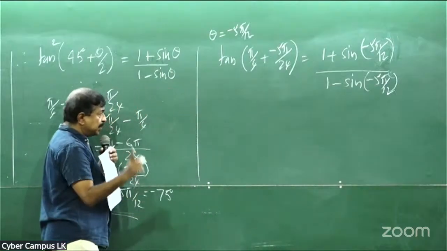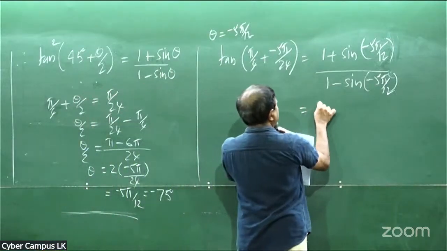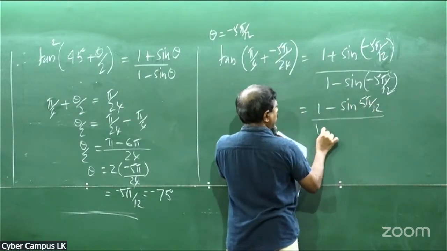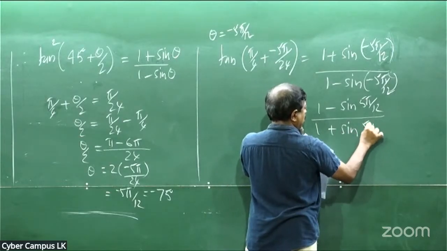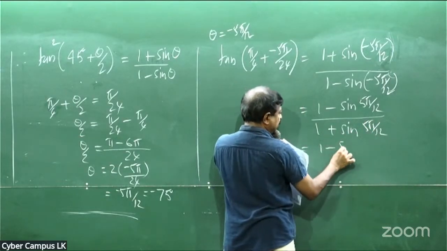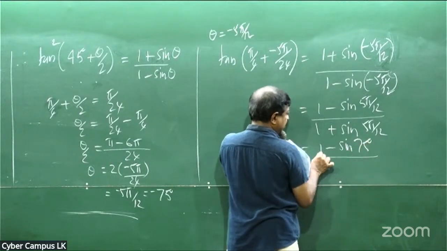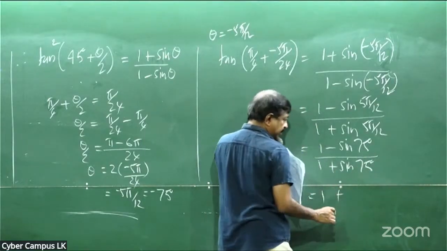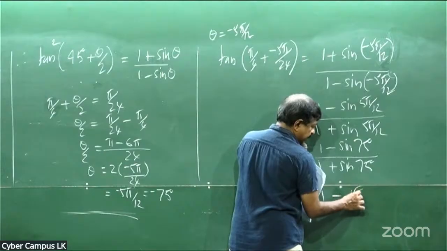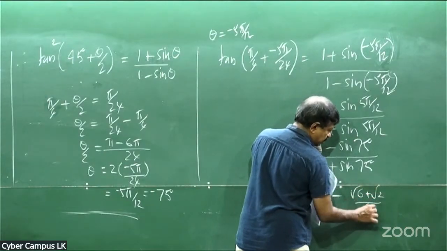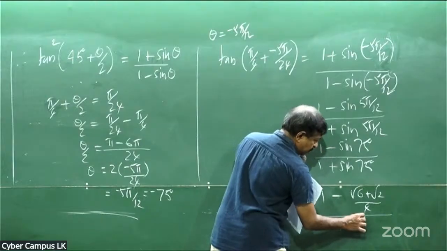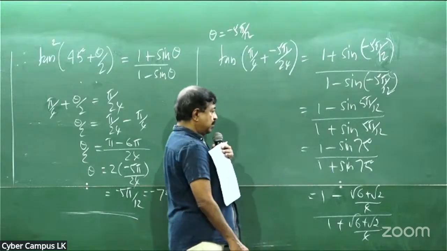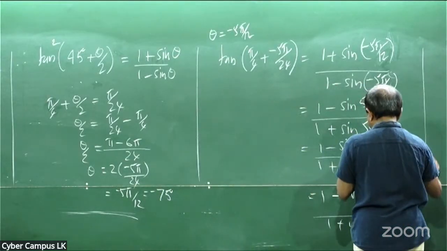We know that sine minus theta is minus sine theta. That is 75 in degrees. So we'll plug in the expression we have computed earlier. You can multiply both upstairs and downstairs by 4.